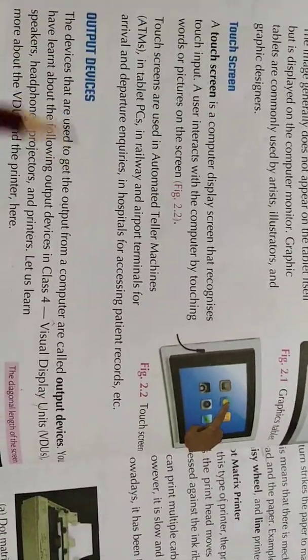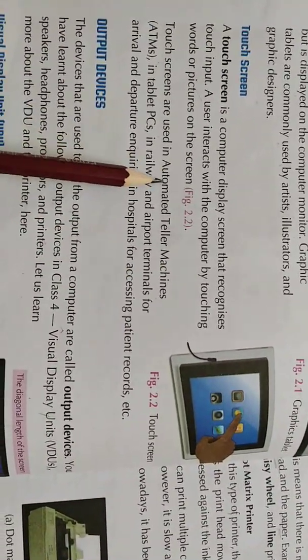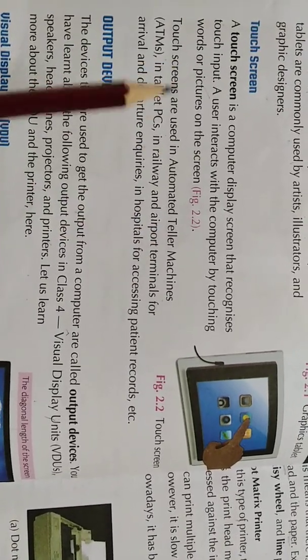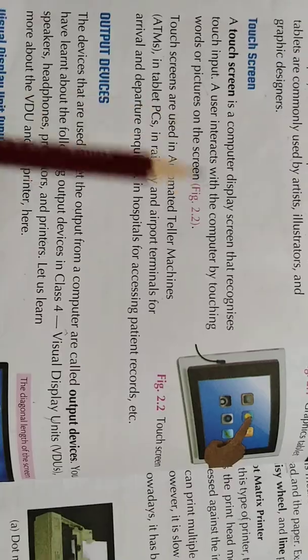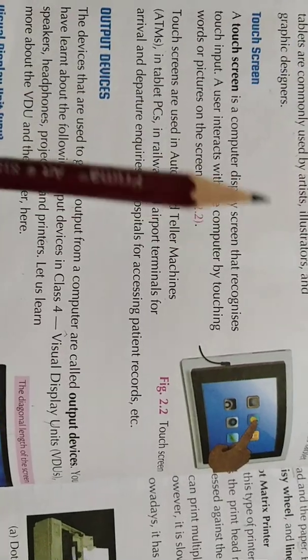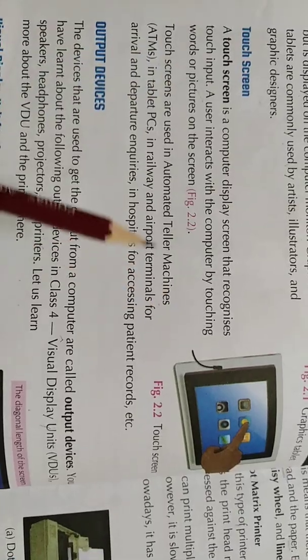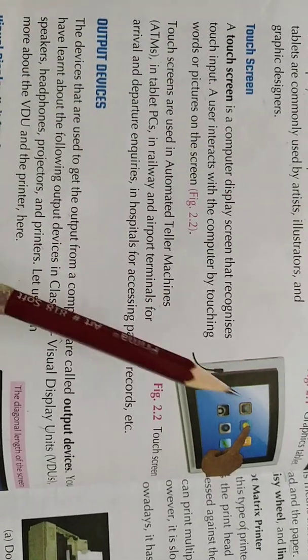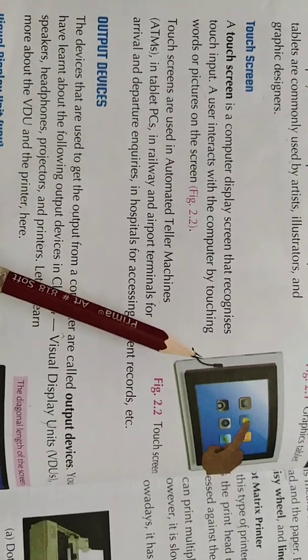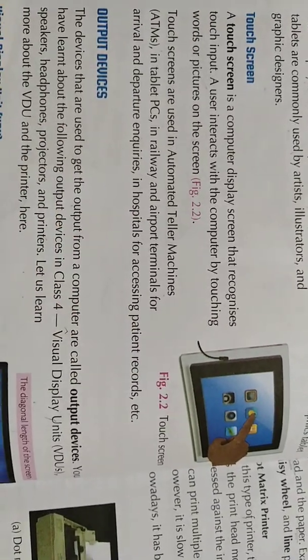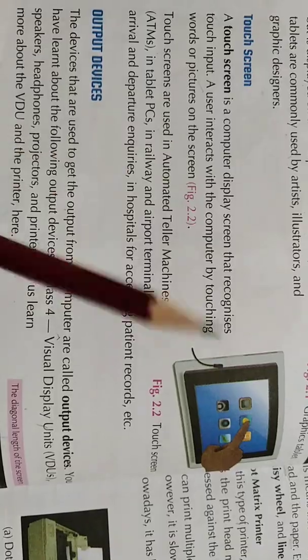These machines are also used as automated teller machines, and they automatically announce the time of departure and arrival and details about flights. It is also used in hospitals to keep and access the records of the patients.